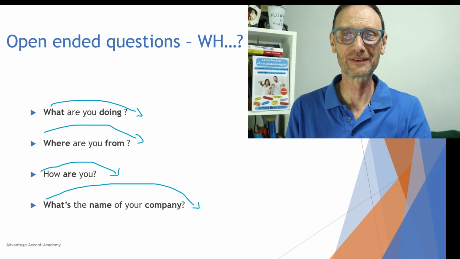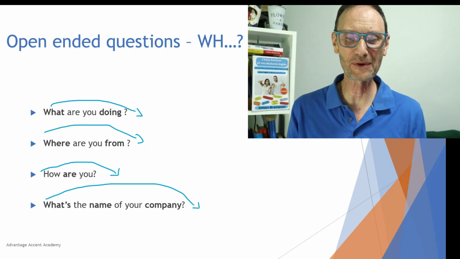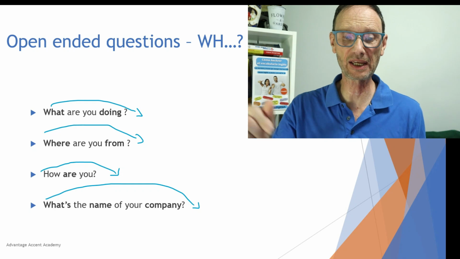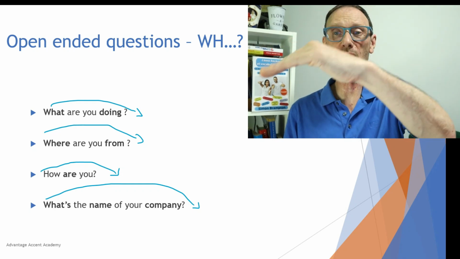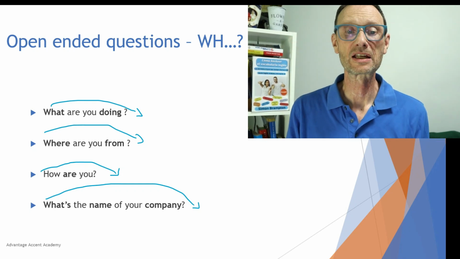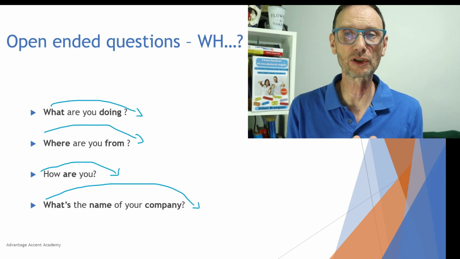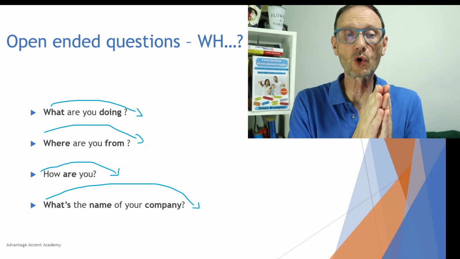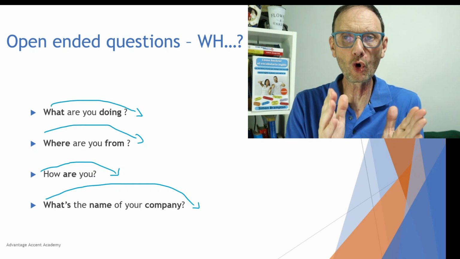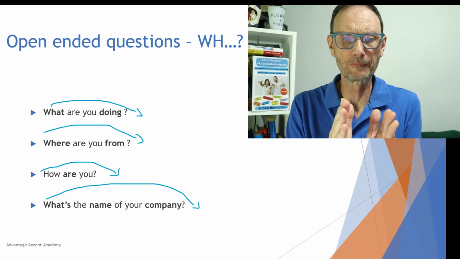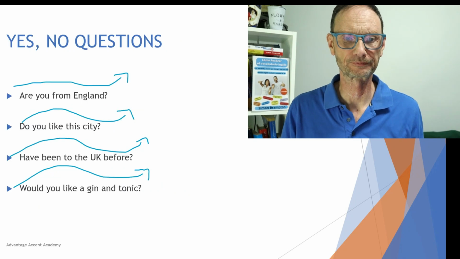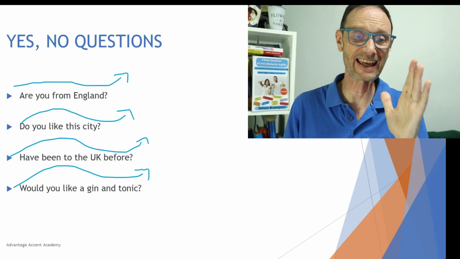How are you? What's the name of your company? So this is the typical intonation pattern for WH questions or open ones where you have more than yes or no. If we want to ask yes or no questions, the intonation pattern is different.